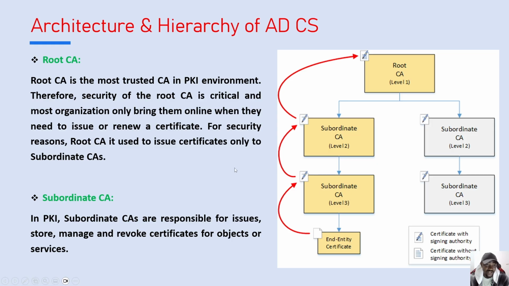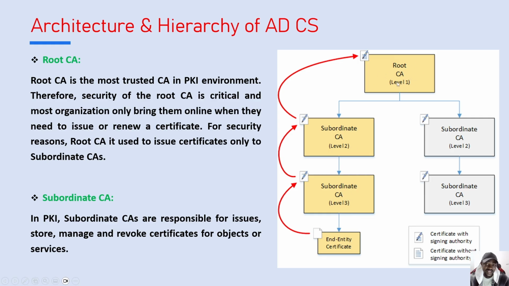Now, talking about architecture and hierarchy in ADCS. When you are installing your ADCS, either you are installing it as the first certificate authority on your infrastructure, in which case it is going to be the root CA, or alternatively it can be a subordinate CA. You can have multiple subordinates. For example, on this image, you have two subordinates.